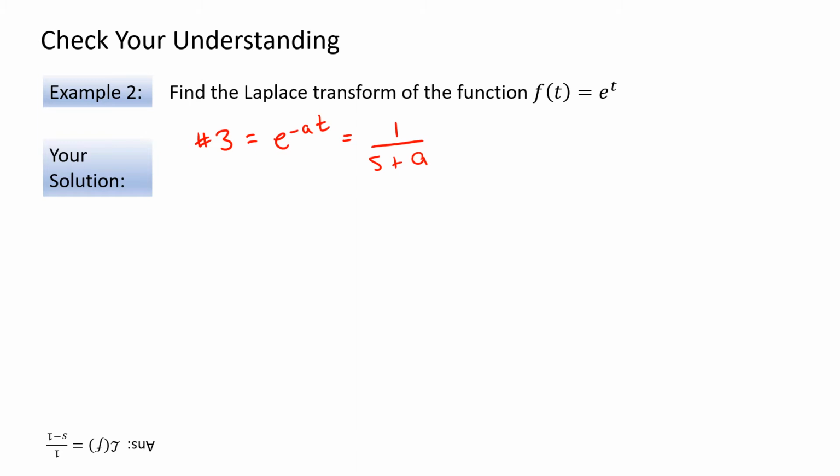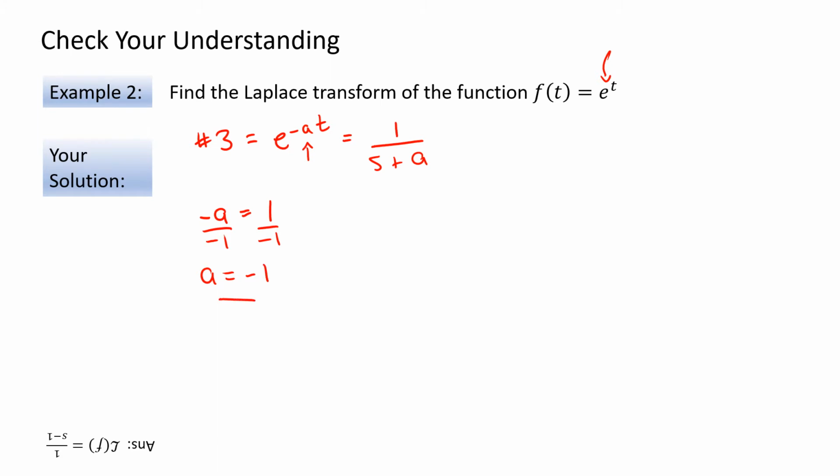Well, in this case, we have that the value behind t is 1, and we have a negative here. So that means that the negative a that's there must be equal to whatever the coefficient is behind this, which is 1, in order for us to use this. Meaning that, dividing both sides by negative 1, we get that a must actually be negative 1.